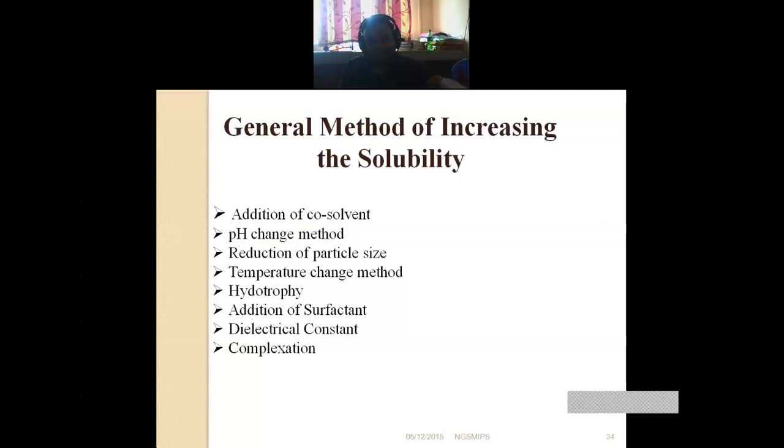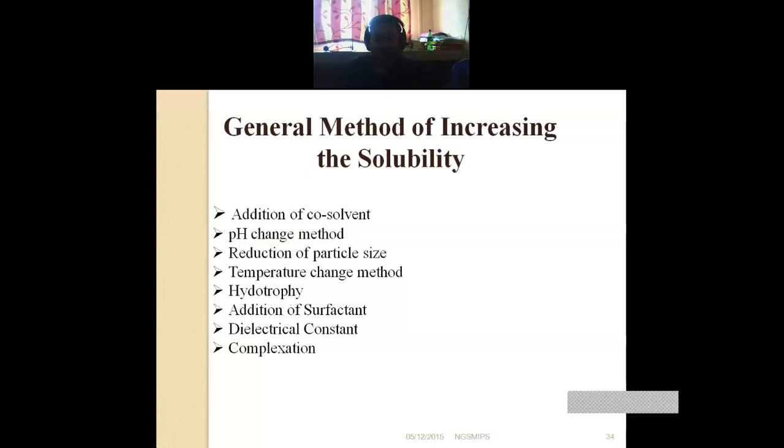It can increase the solubility of dust particles in polar or non-polar media. The methods are: addition of co-solvent, second is the pH change method, then reduction of particle size, then temperature change, then hydrotropy, addition of surfactant, dielectric constant, and complexation. So these are the main methods. How many methods? Eight methods are there to increase the solubility.